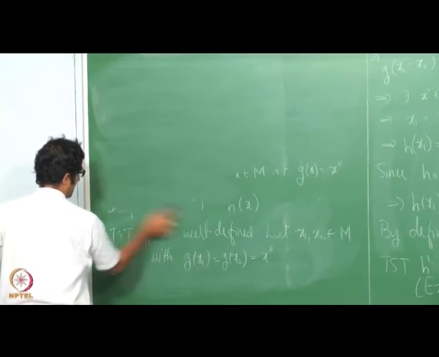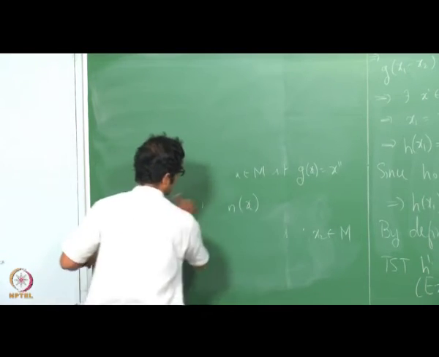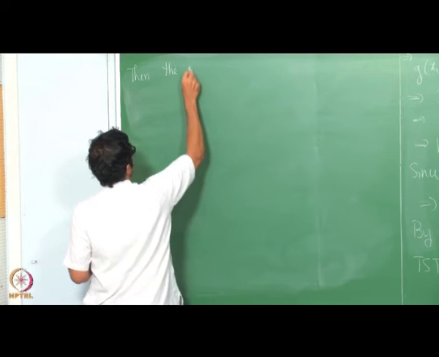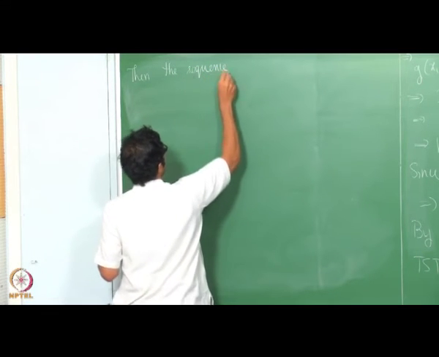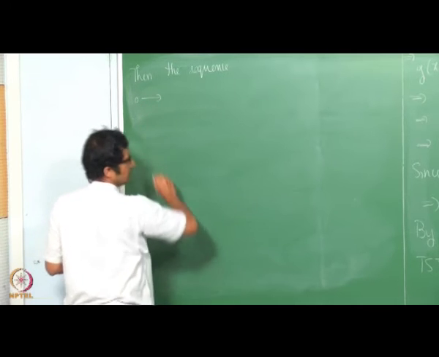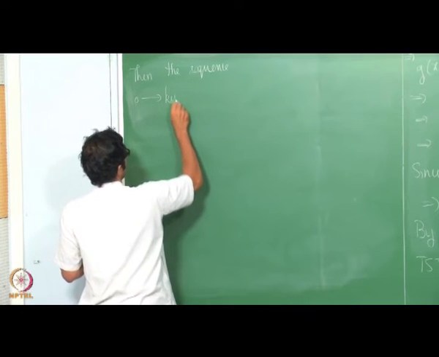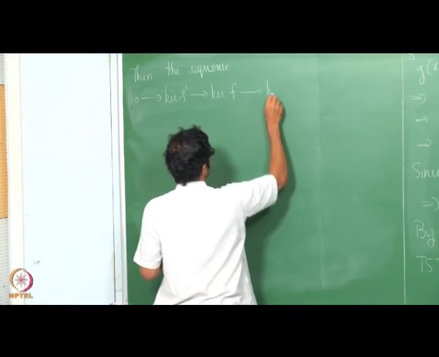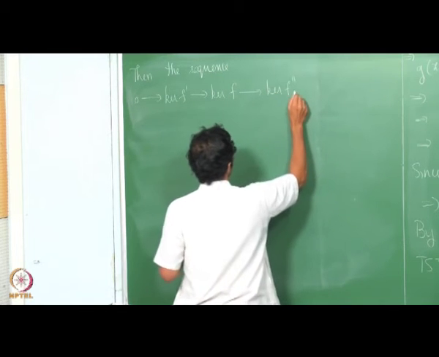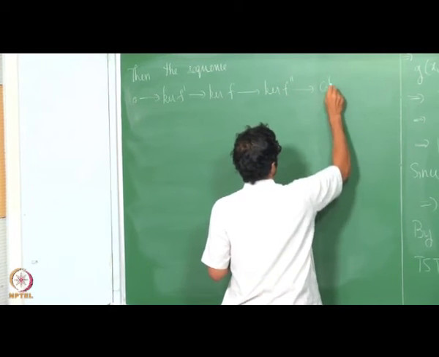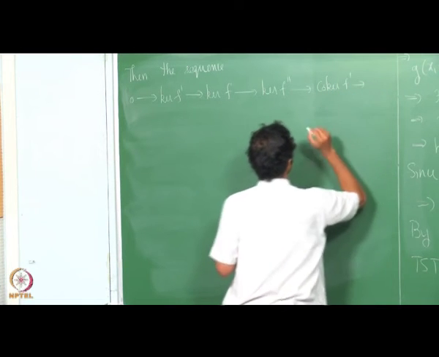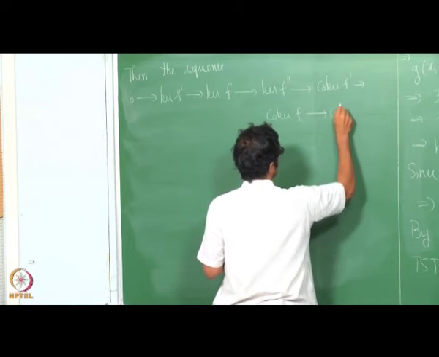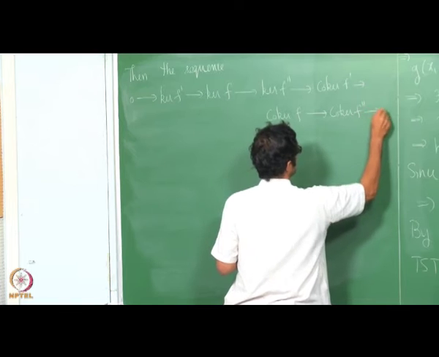Then we have an exact sequence involving kernel and cokernel. Then the sequence 0 to kernel f prime to kernel f to kernel f double prime to cokernel f prime to cokernel f to cokernel f double prime to 0.